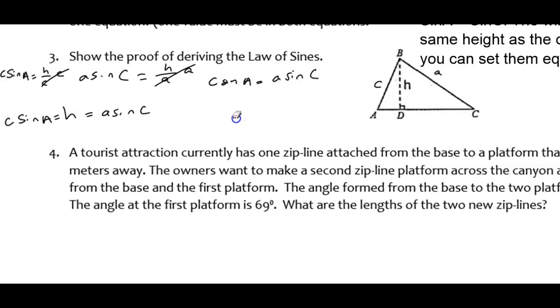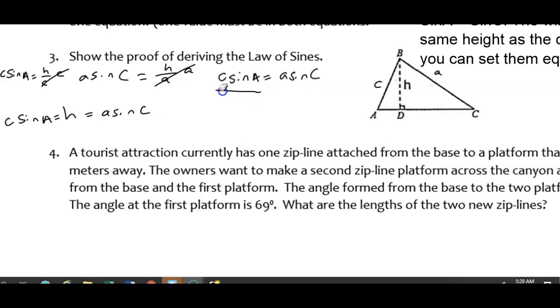Now, if you think about the law of sines rule that we've used, hold on, let me rewrite that. So now, what we can do is isolate sine of A with A and sine of C with C. I'm going to start by dividing by sine of A on both sides.